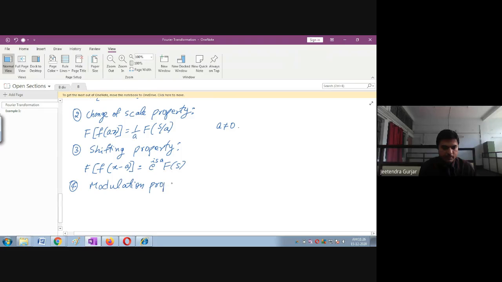We use this property also, that is, f of x cos ax is equal to 1 upon 2 of F of s plus a plus F of s minus a, students. This is how we are going to use these properties.